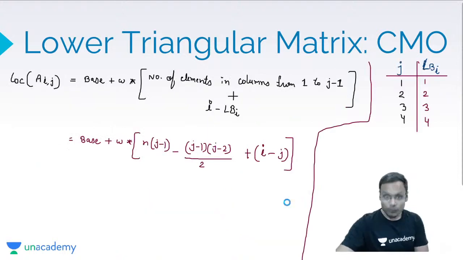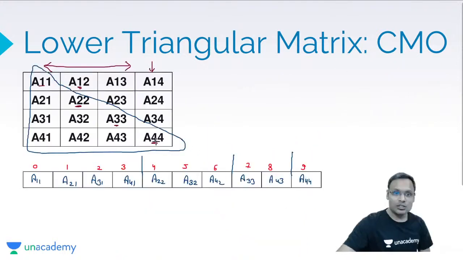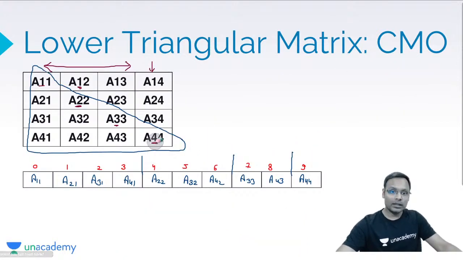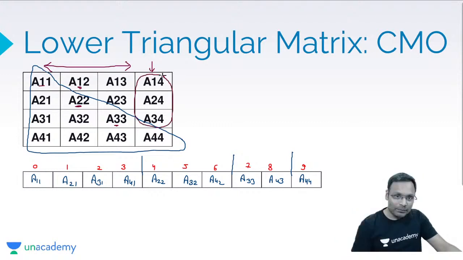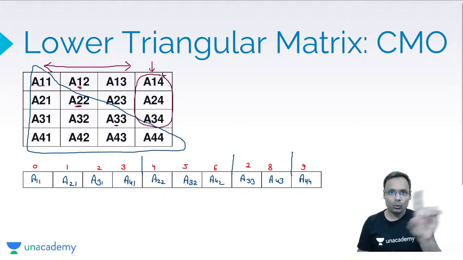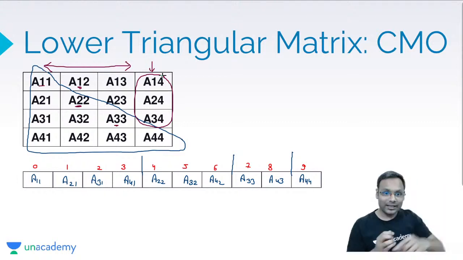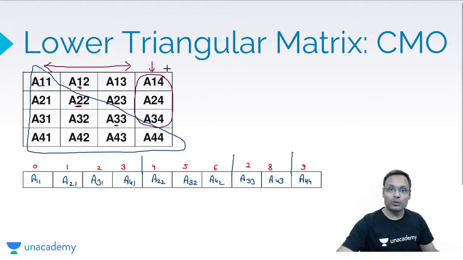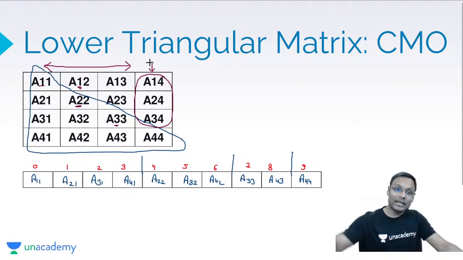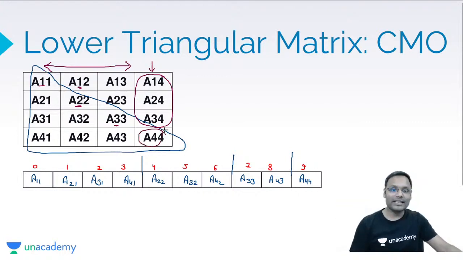Yes. Now in this column number 4, if I am saying row number 4, can you tell me within this column before row number 4, any element you have stored? Any of these elements you have stored? No. So after calculating this plus I minus lower bound, I minus lower bound says how many elements within this column you have before reaching your intended element.